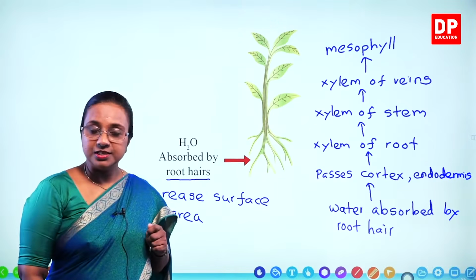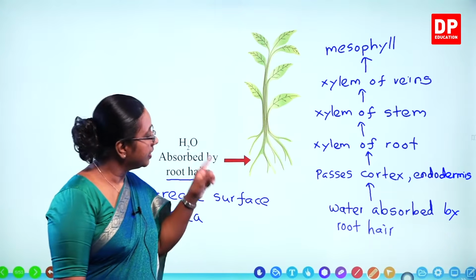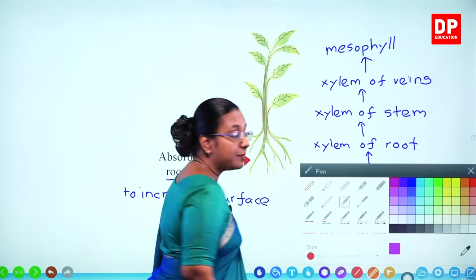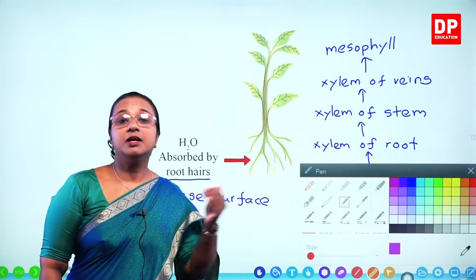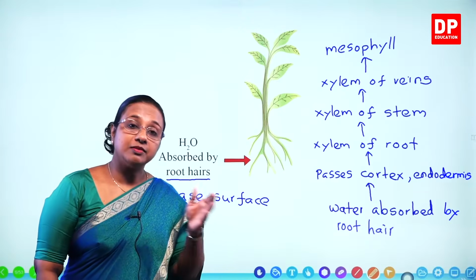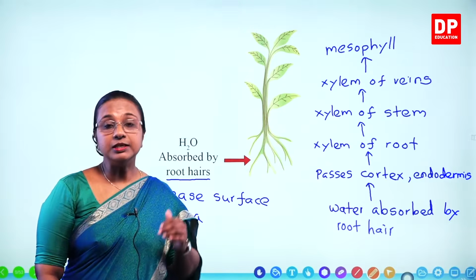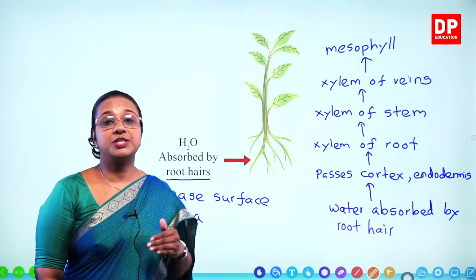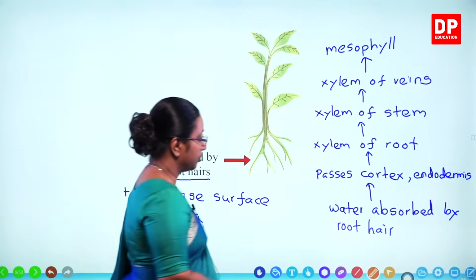And here students, you have to remember the process by which water is absorbed by the root hairs and transported into the xylem of the root. That absorption process is known as osmosis.